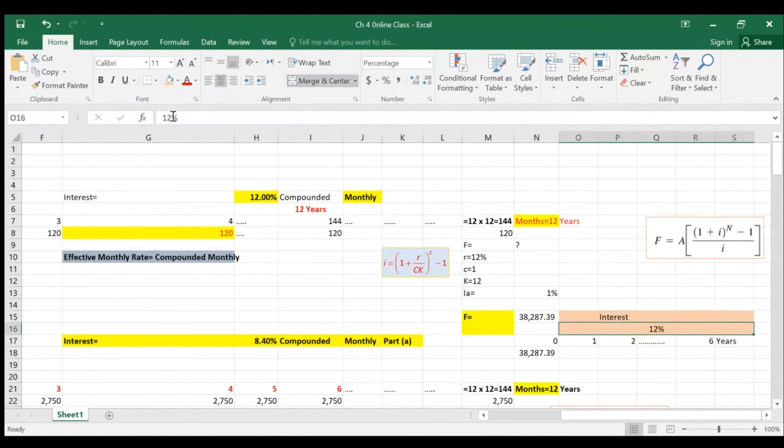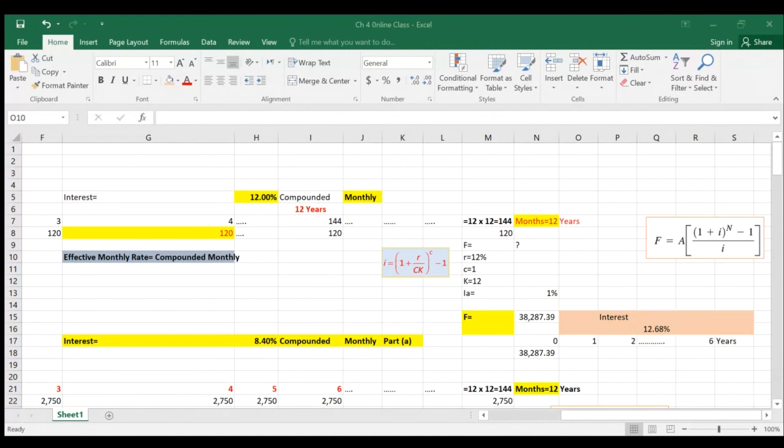Because it was annual, we need the effective annual rate, so this is what we need to do. Yes, it is 78,367. So this is how you calculate.